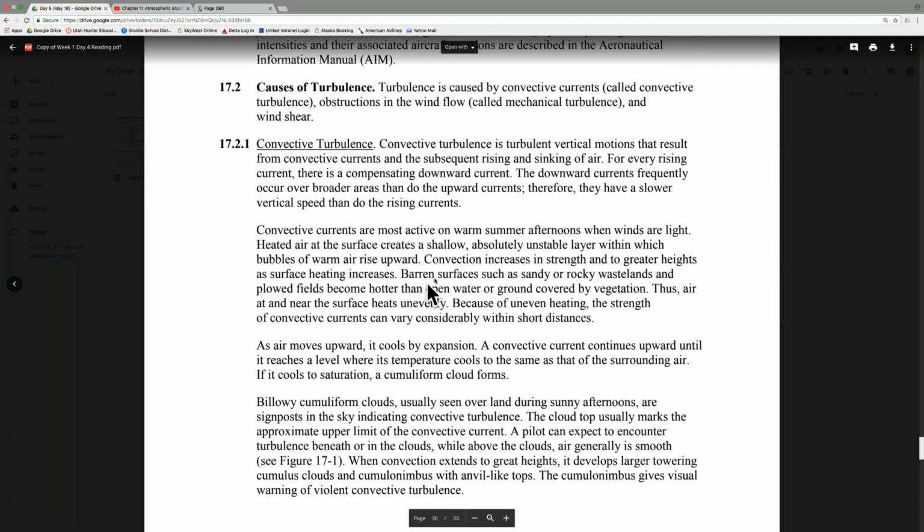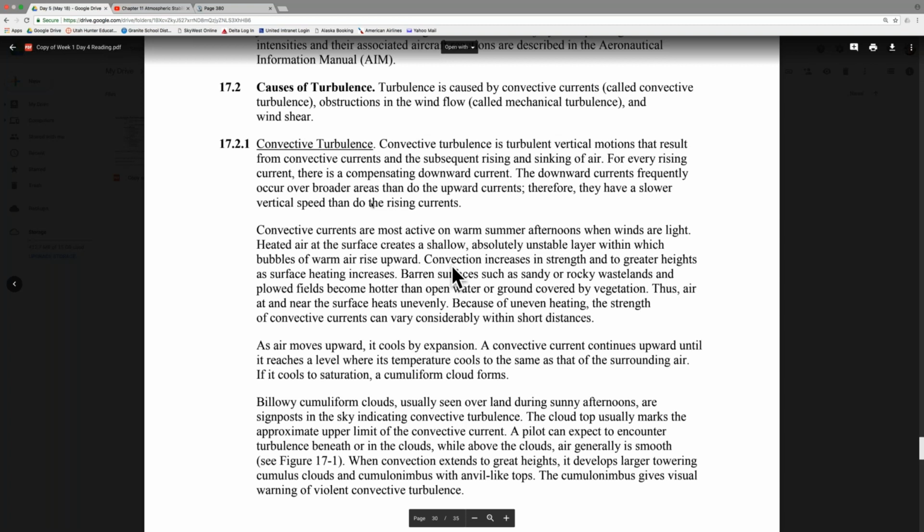So convective turbulence, like I said, happens in vertical motions. It's most active in the warm summer afternoons when winds are light and heated air at the surface creates a shallow, absolutely unstable layer within which bubbles of warm air rise upward. A lot of times we're going to see this convective turbulence in areas where we're seeing cumuliform clouds and things like that.